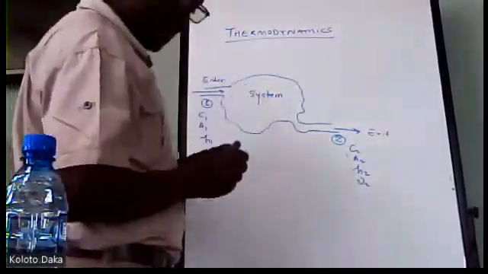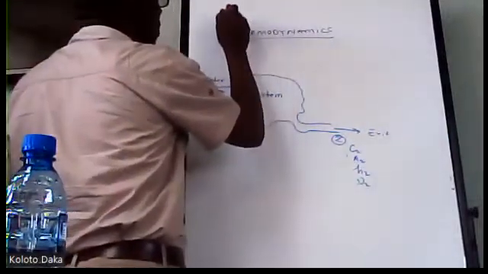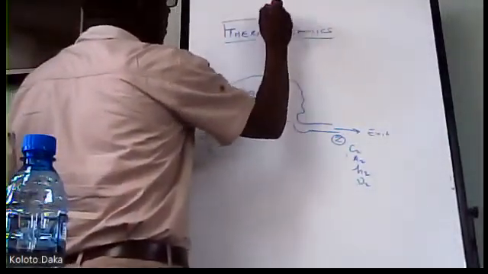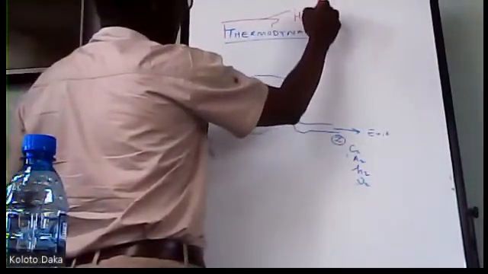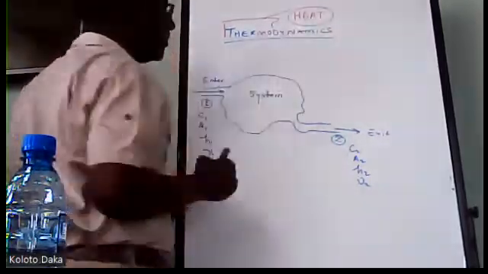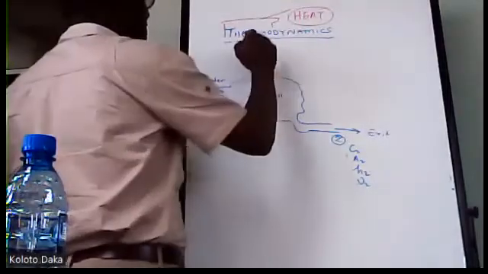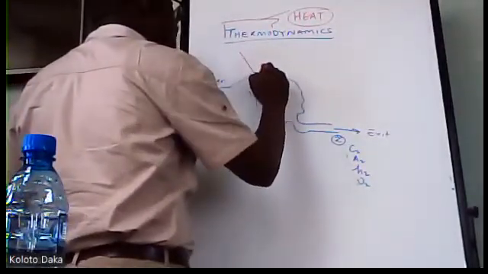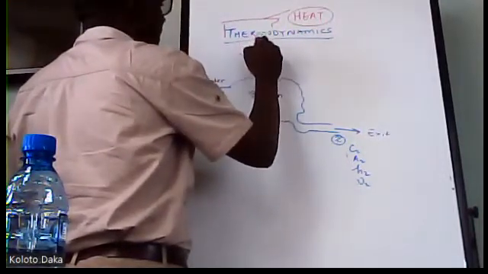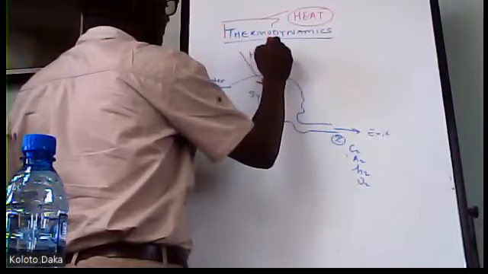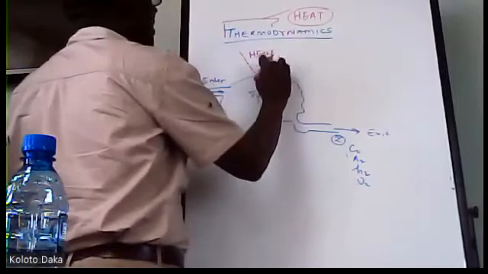Now, what you have to understand is that thermodynamics, here, thermo is about what? Heat. Okay? So, in a thermodynamic system, we are supposed to apply what? Heat. Denoted by what?